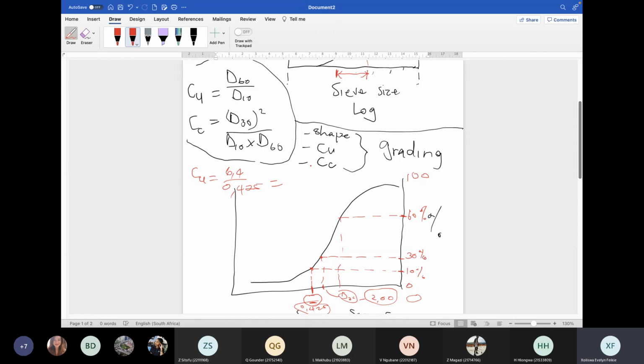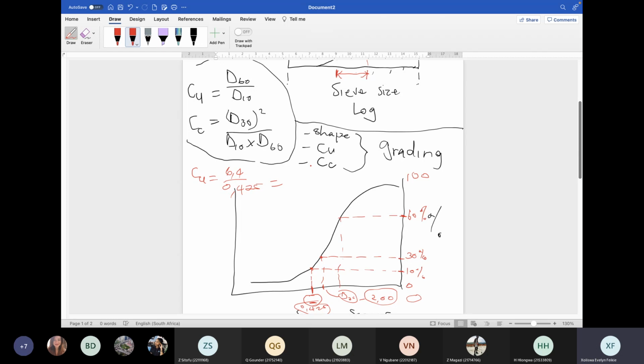Let's use the word range, because it's between something and something. So if it's between that range, or it's less than that particular number, you look at Cu, you look at Cc, and you look at the shape. So either or, you need to make a conclusion based on what you're seeing. That's where your application of the knowledge you would have gathered comes in.